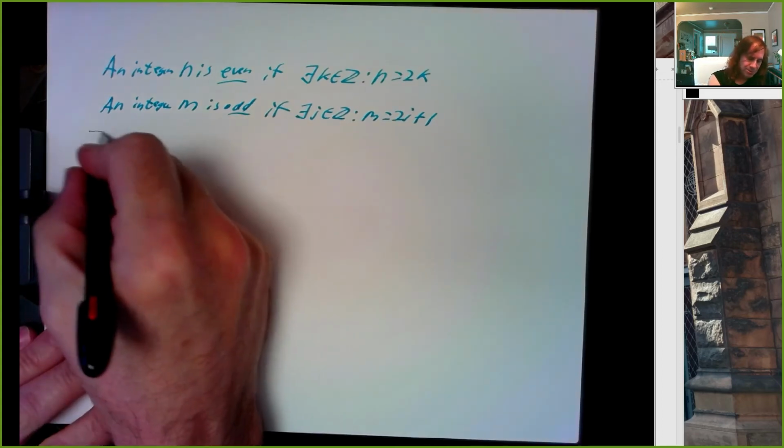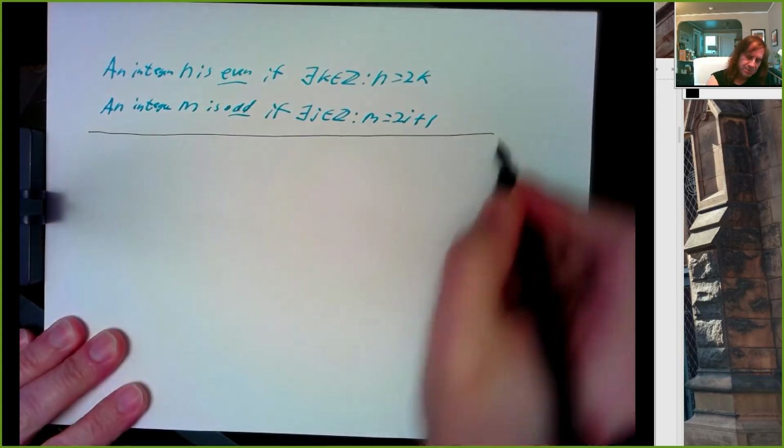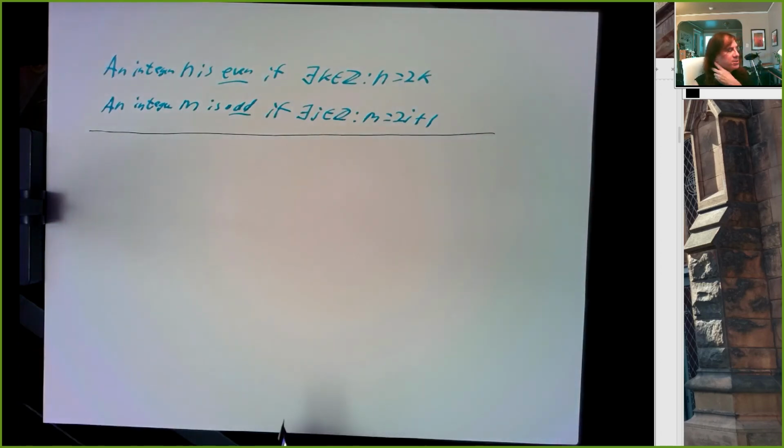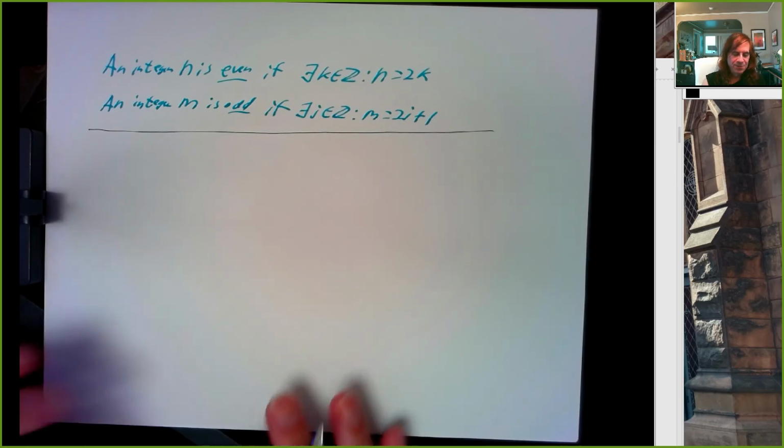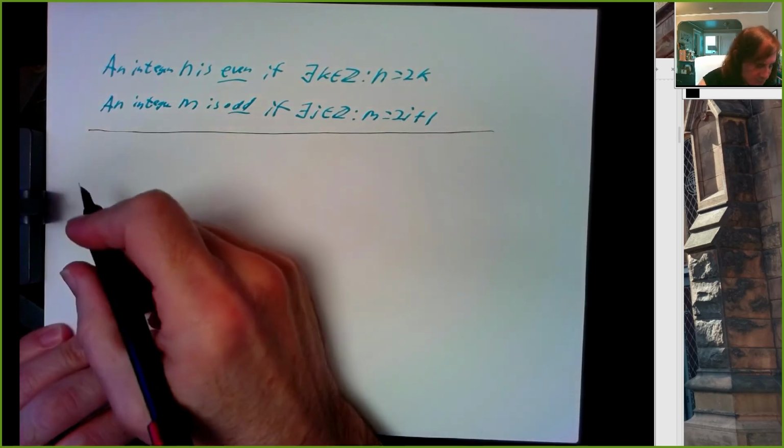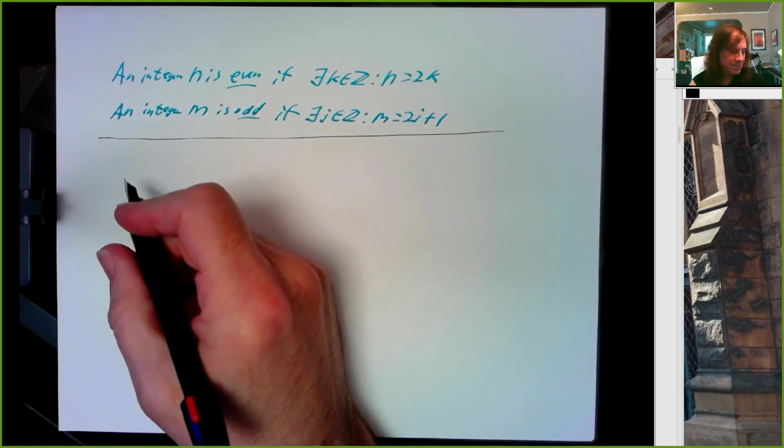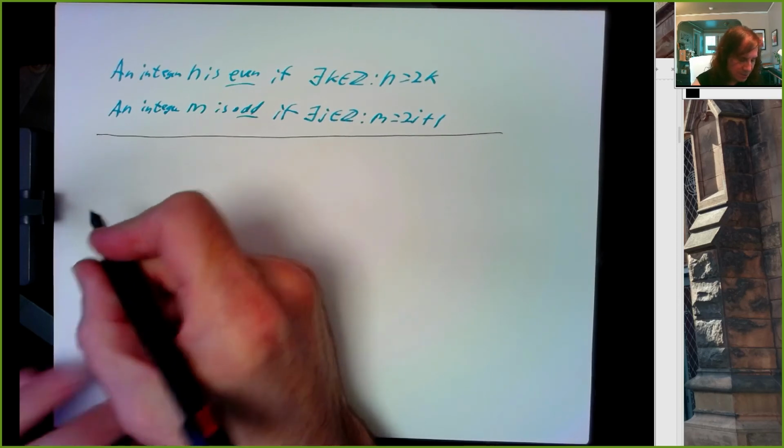And so we can start to make some statements about evens and odds, and we can try to prove these statements using some of this rigor of propositional logic. So here's a theorem.